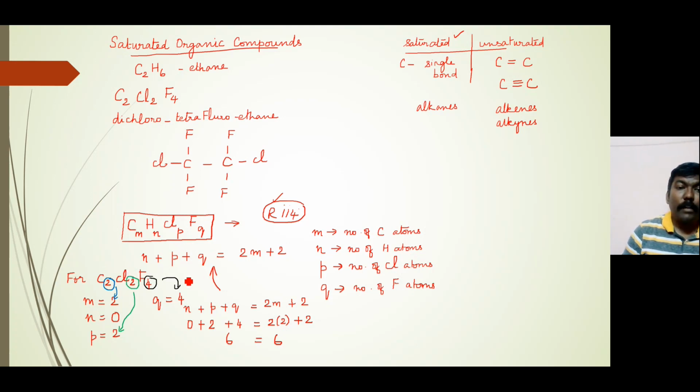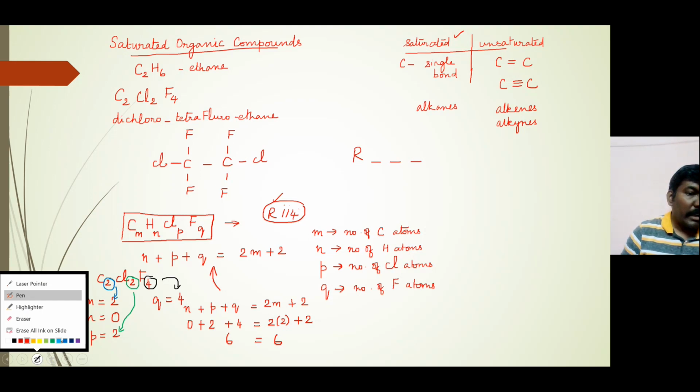Now, how do I write or designate a particular value for this refrigerant? For any refrigerant, I'm going to have R, and you're going to have 3 digits here.